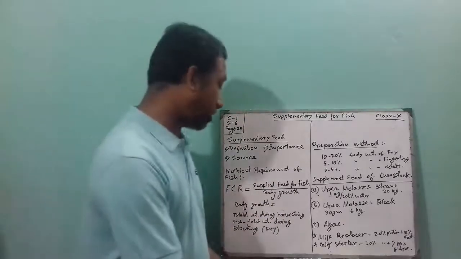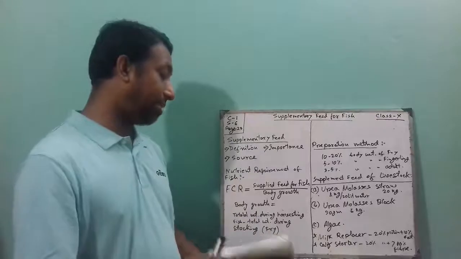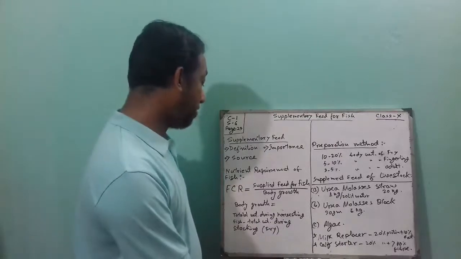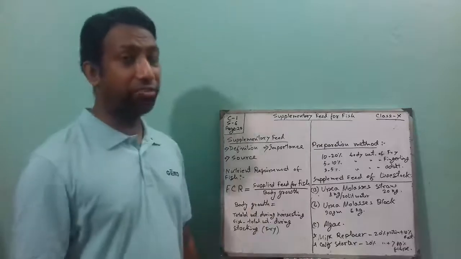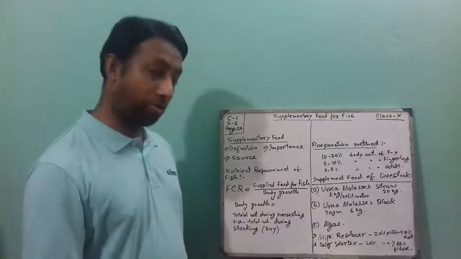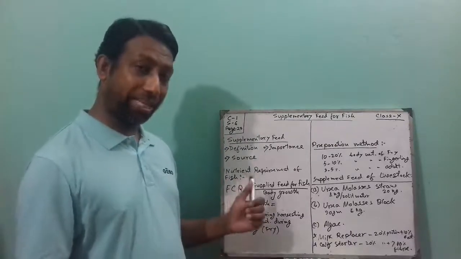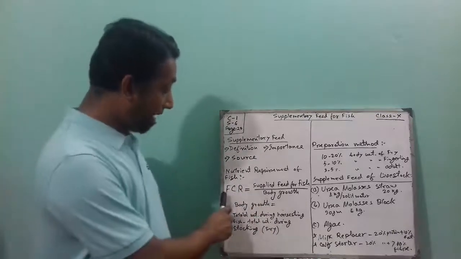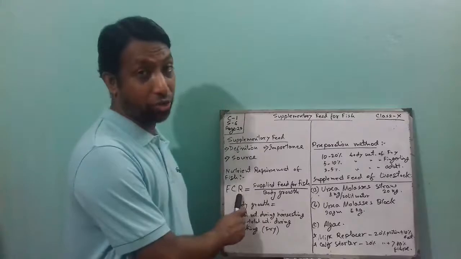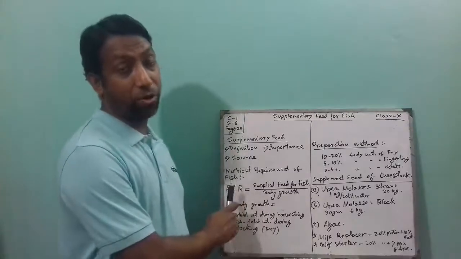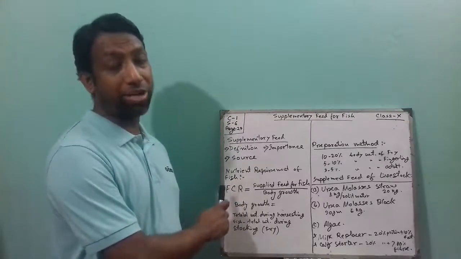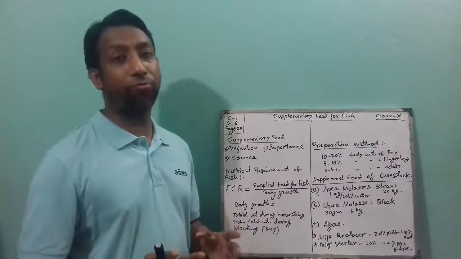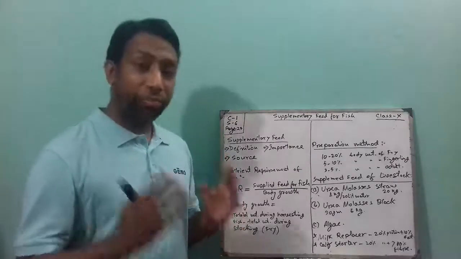Next, move on to the next page in your book, and the next topic, which is nutrient requirement of fish. A very important topic on this page is FCR, which is feed conversion ratio. Feed conversion ratio means how much supplementary feed you require for your fish in the pond.